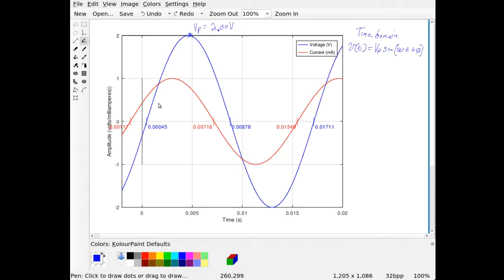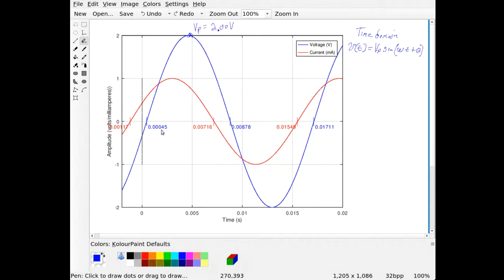All right, but anyhow, back to the sine wave then. The waveform is crossing after 0. Sometime after 0, the voltage waveform crosses 0 and goes positive.